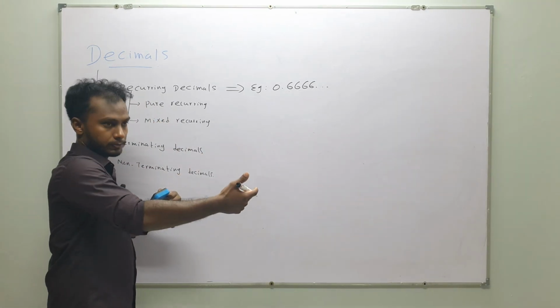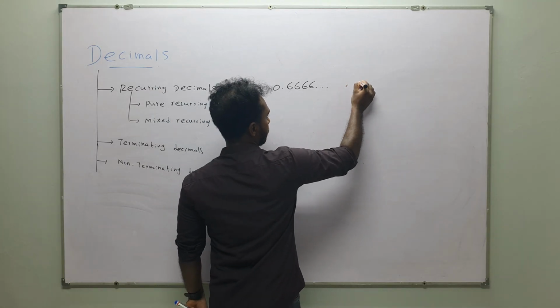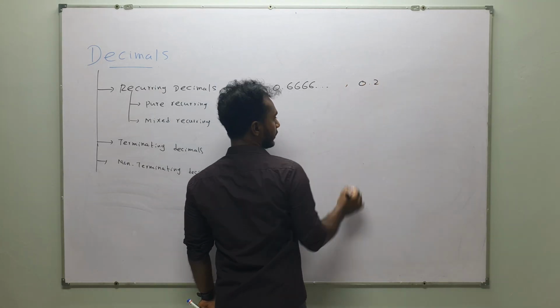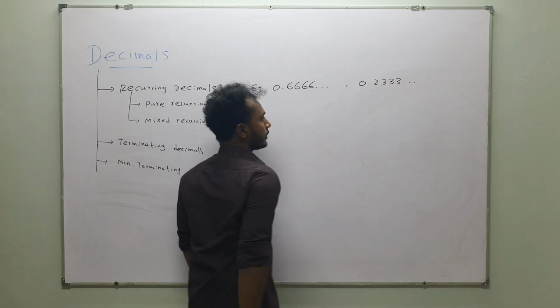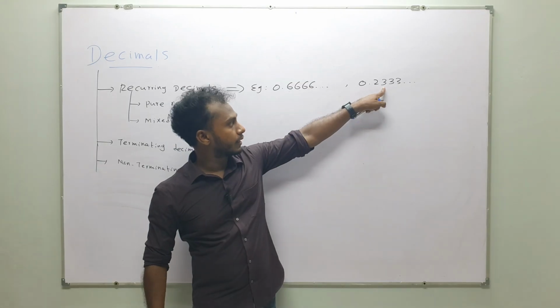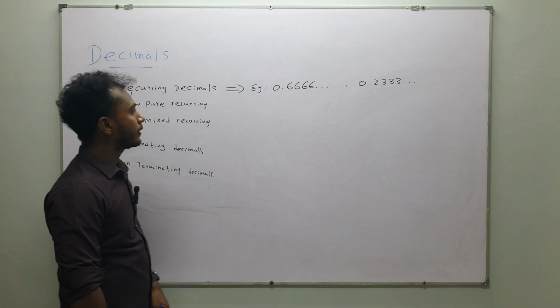That means it never stops. Then another example, 0.233 like this. You see, the number 3 is recurring, but the number 2 is not. Only the number 3 is recurring here.